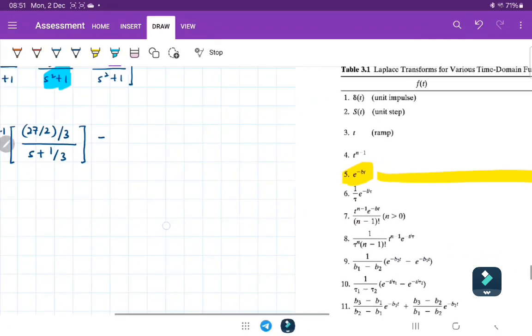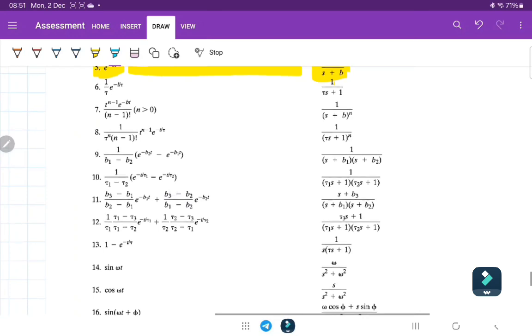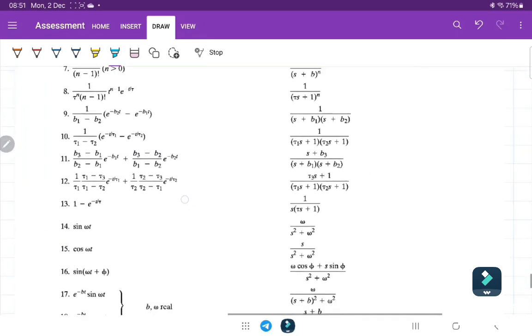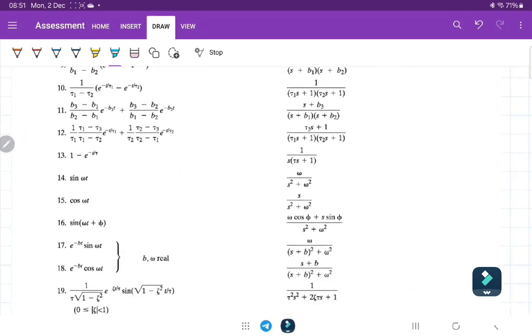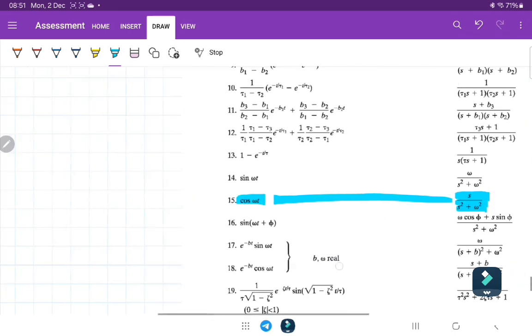When we refer to the Laplace transform table, what we have is s over s squared plus omega squared. So our omega is 1. And the inverse Laplace transform should give us cosine omega t.